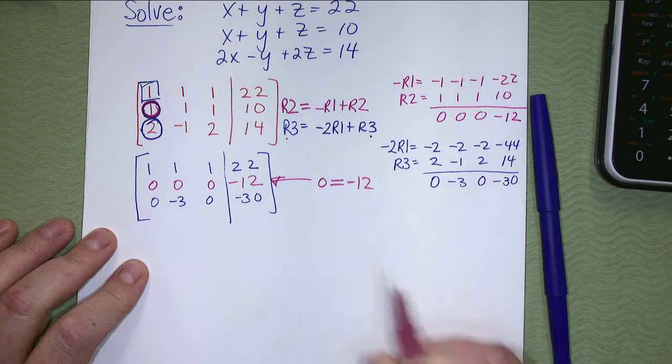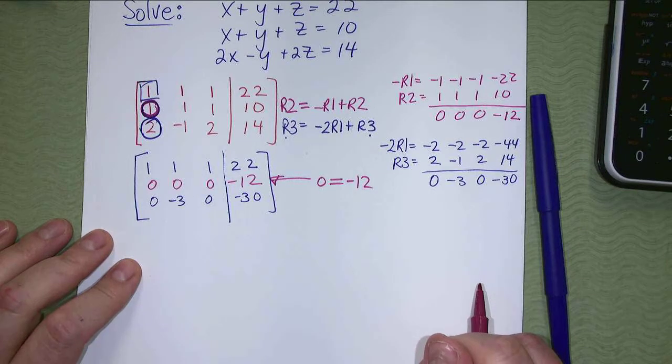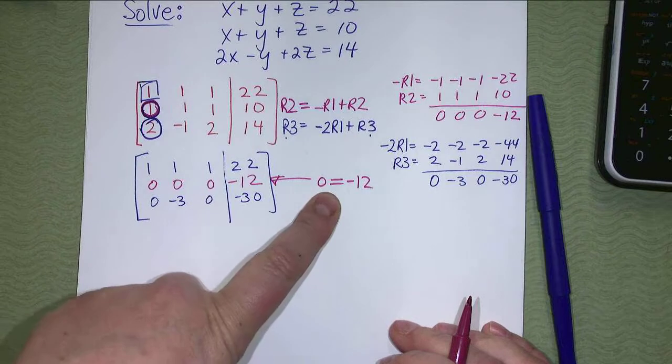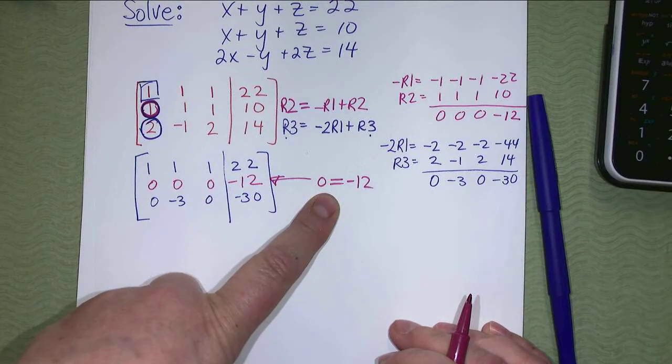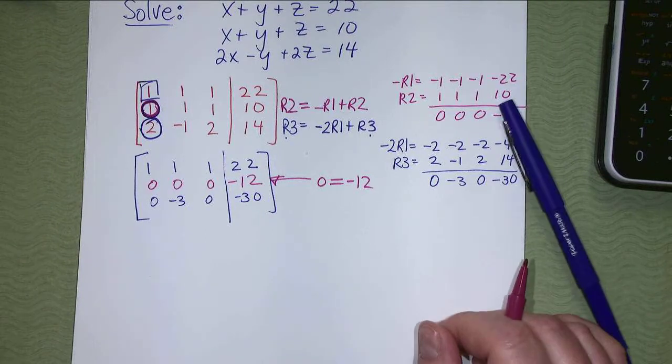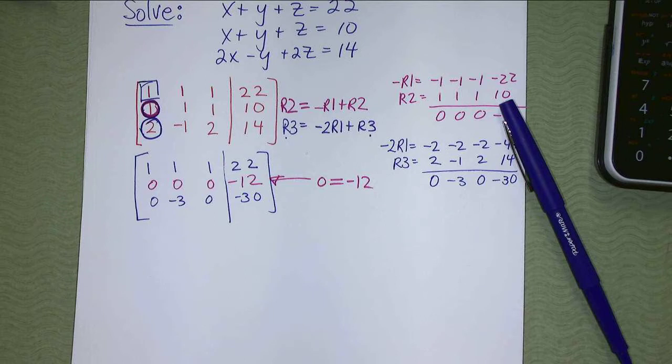There's no ones there, and this is not a true statement, right? So when there's no solution, if you didn't notice before, when you get to this point, there'll be a row that's all zeros except for the right-hand side, and that's no solution. That can't be true, so no solution, and you just stop.